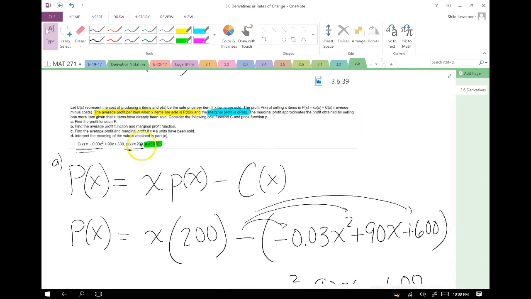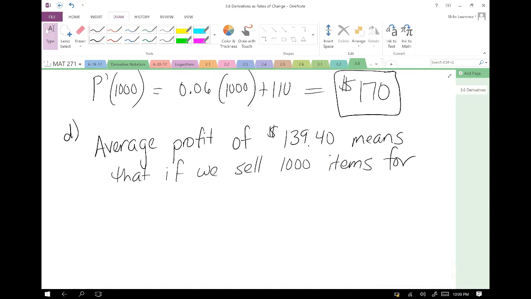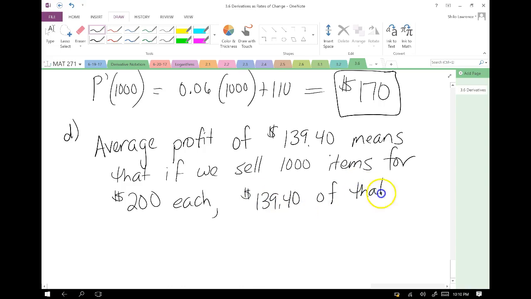The little p of x was how much they each cost. So we're selling them for $200 a piece. Average profit of $139.40 means that if we sell 1,000 items for $200 each, $139.40 of that 200 is profit on average.